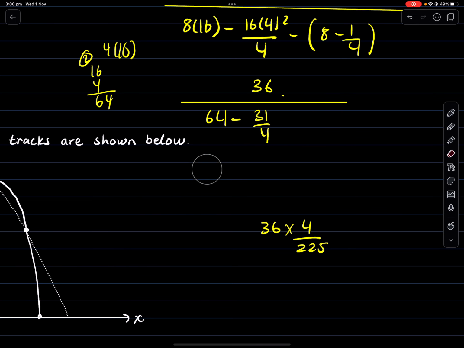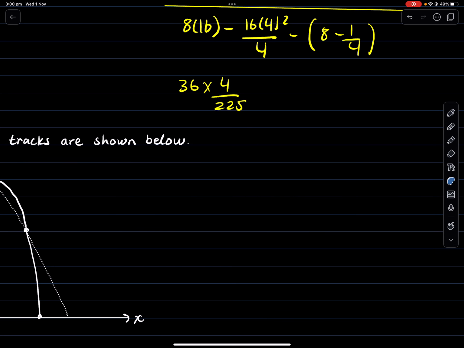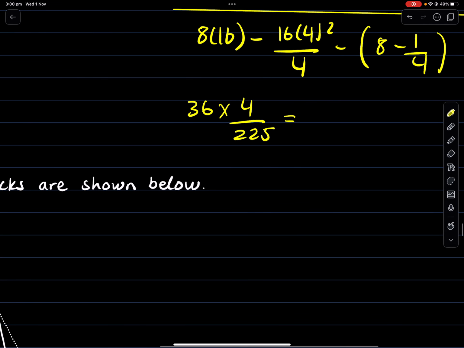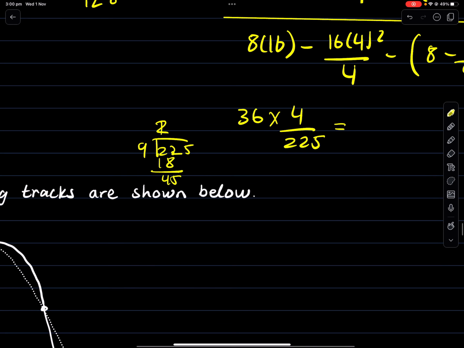Okay, let me just rub that out and put that on top. So can we simplify anything from here? How many 9s can go into 225? 9, 18, so twice, 45, so 25.